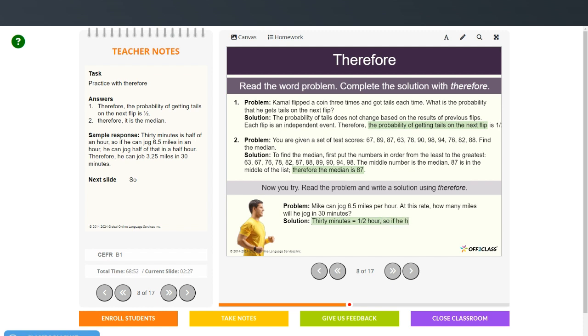So if he can jog 6.5 miles in an hour, he can jog half of that in a half hour.